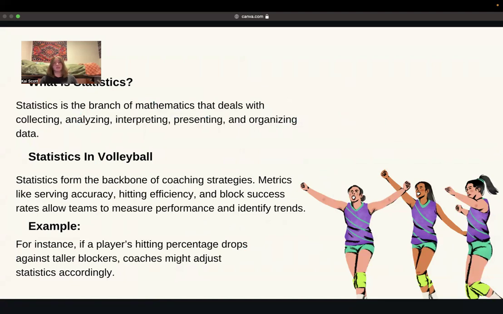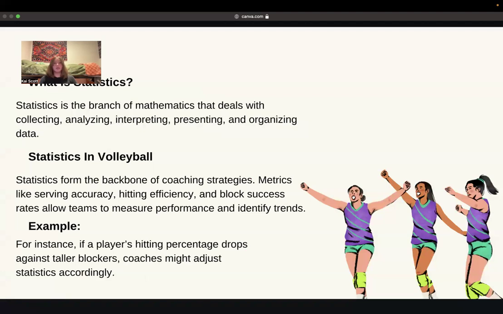What is statistics? Statistics is the branch of mathematics that deals with collecting, analyzing, interpreting, presenting, and organizing data. Statistics in volleyball. Statistics form the backbone of coaching strategies, metrics like serving accuracy, hitting efficiency, and block success rates allow teams to measure performance and identify trends.